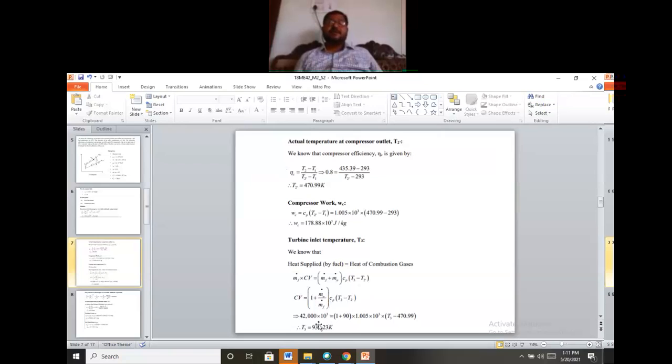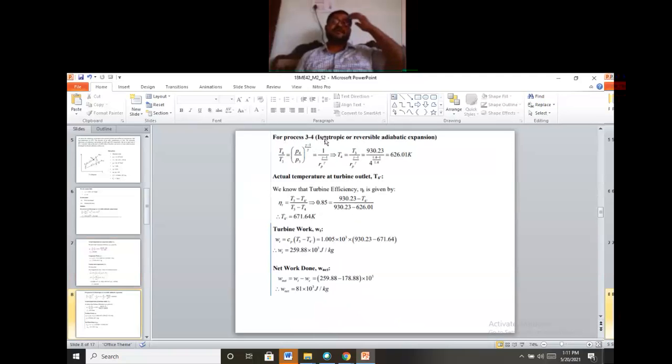By substituting all the values, you will get T3 equal to 930.23 Kelvin. Process 3 to 4 is isentropic or reversible adiabatic expansion. From the T4 by T3 equation, you will get T4 equal to 626.10 Kelvin.